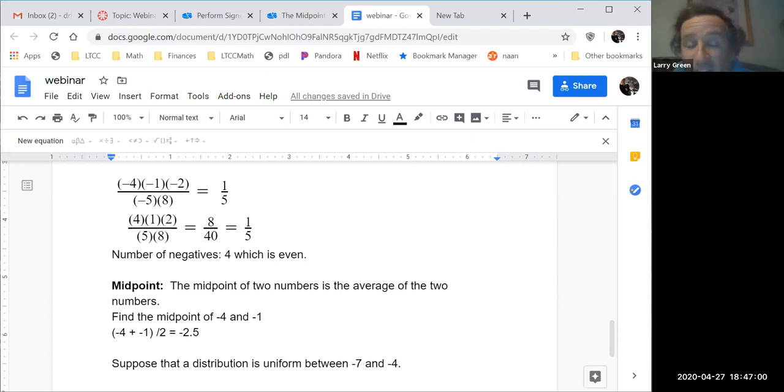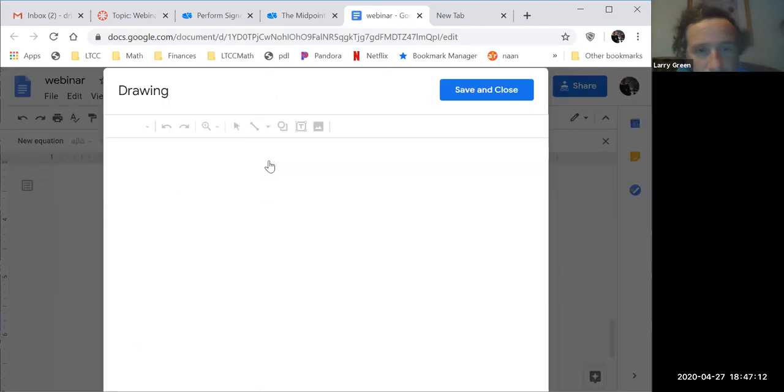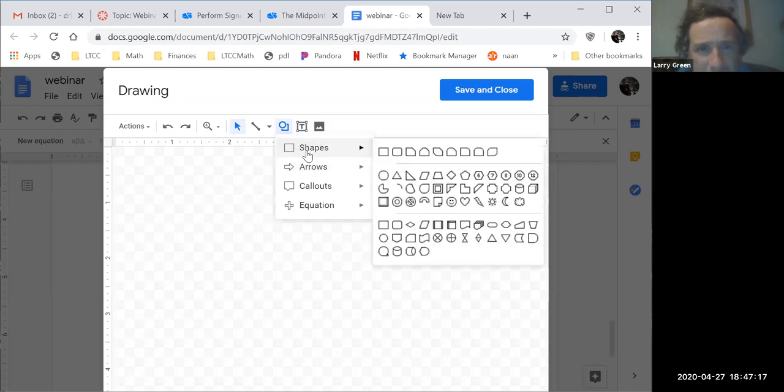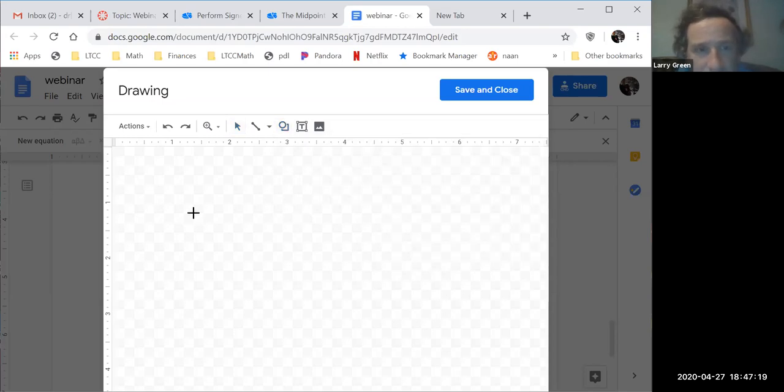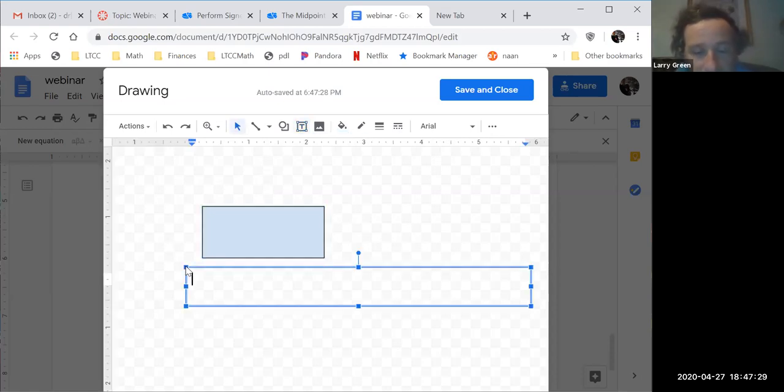Now I don't expect you to know what that means, but here's what I do expect you to be able to do. I expect you to be able to read what I'm about to write. So I'm going to do a drawing, and I'm going to draw a rectangle. And I'm going to label that the base of the rectangle goes from -7 to -4.